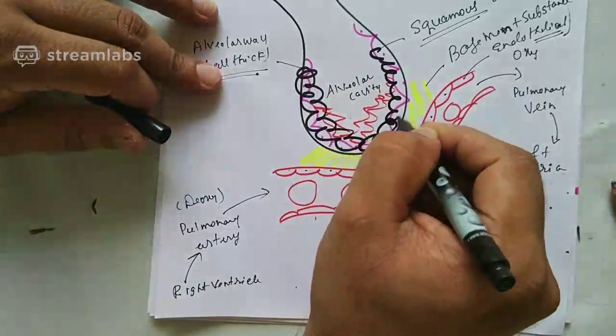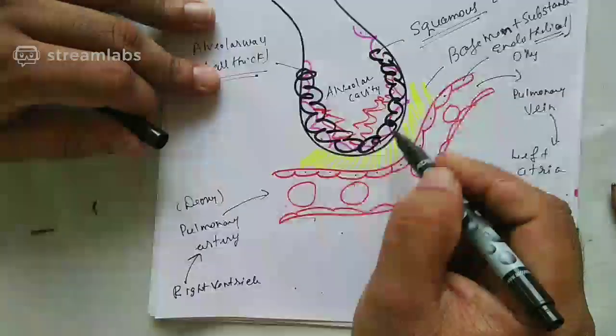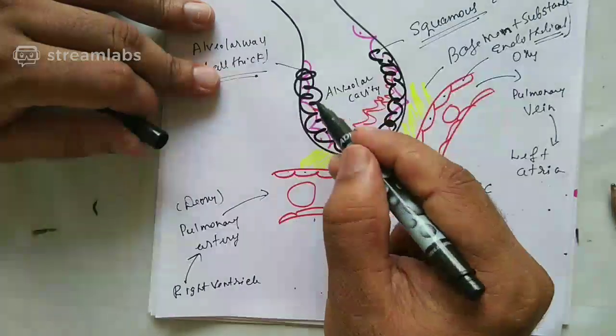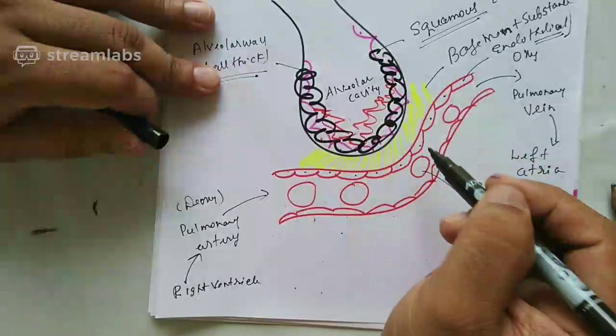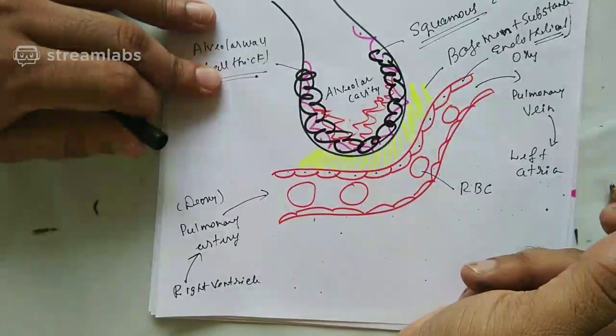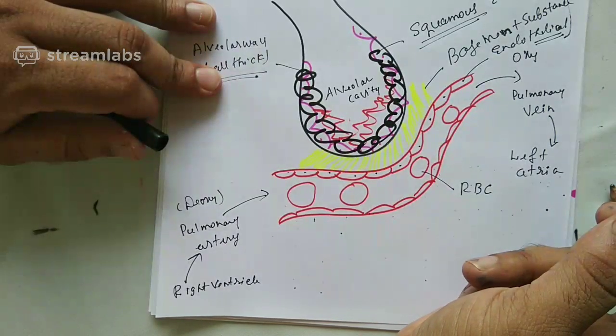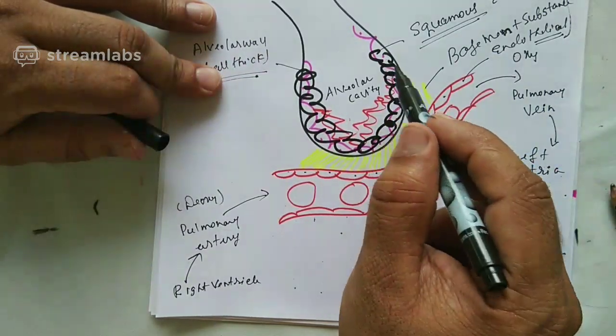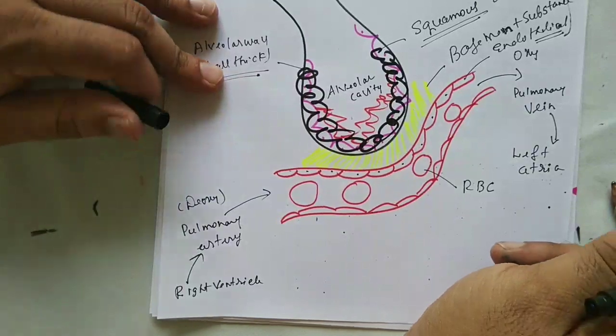As fibroid tissue goes on increasing, it becomes less elastic. As it becomes less elastic, exchange becomes difficult. That's what happens in the case of silicosis or even in the case of emphysema also. Means its wall gets damaged.